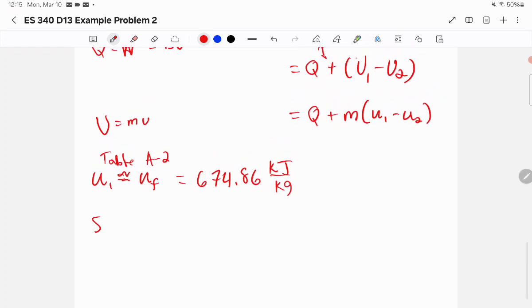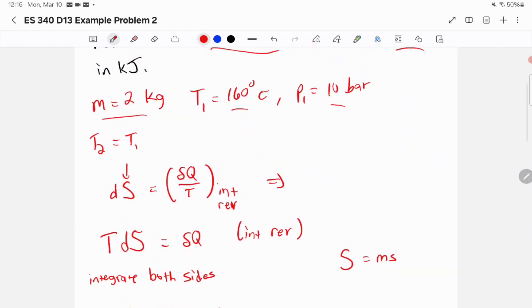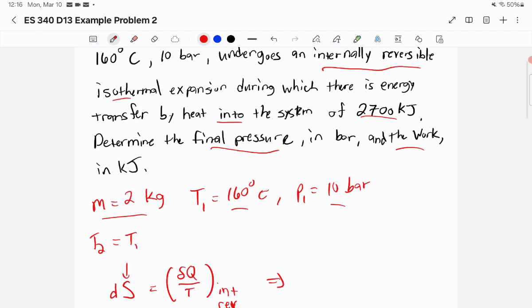Now S2 indicates a mixture. It's in between at T2, which is 160 degrees Celsius.